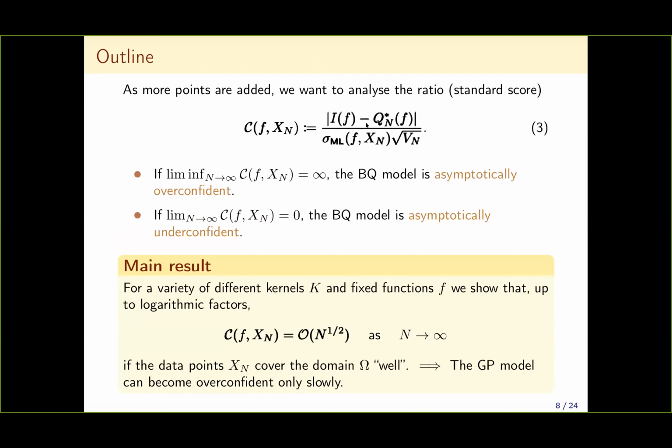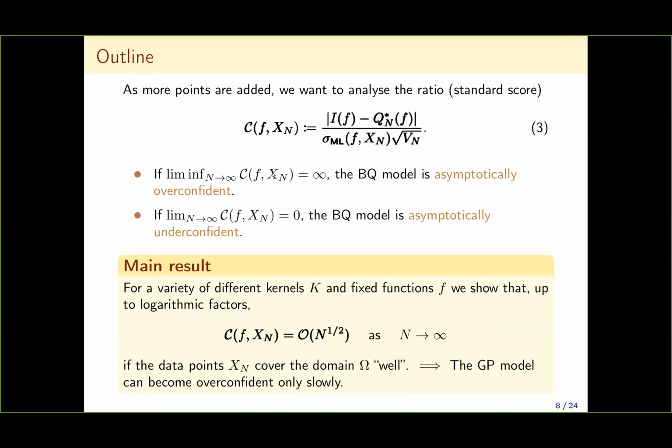So what we now want to do is to analyze this kind of a standard score. We want to analyze the ratio between the true numerical integration error for our specific deterministic function and the conditional standard deviation, which, when you have the scaling parameter, is just a product of the scaling parameter and the unscaled BQ standard deviation.